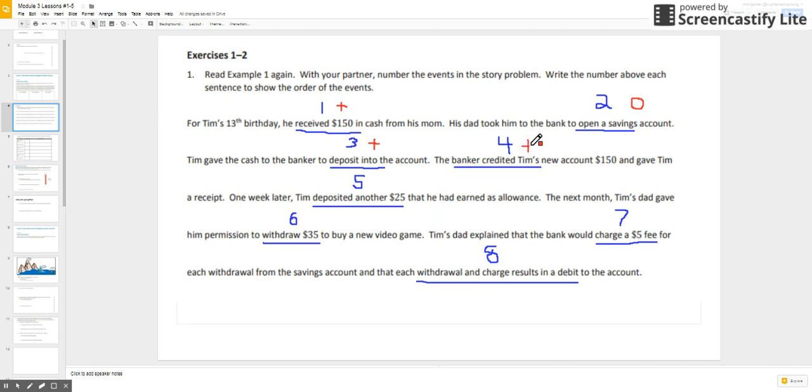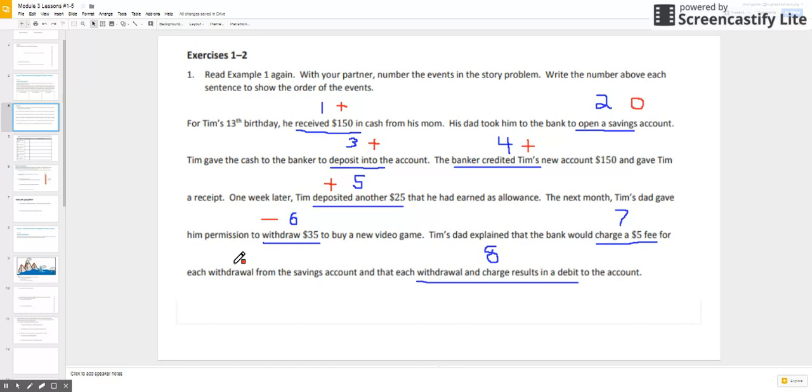If you get a credit, your account increases in value. Next, 1 week later, Tim deposits another $25. To deposit something is a positive thing. You're depositing $25, and your account goes up $25. If we keep going, Tim's dad gives him permission to withdraw $35. This is a negative situation.